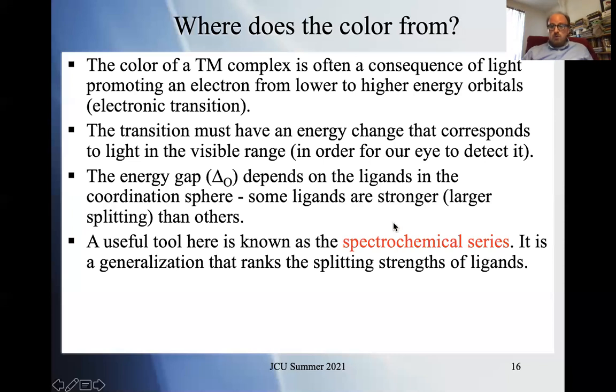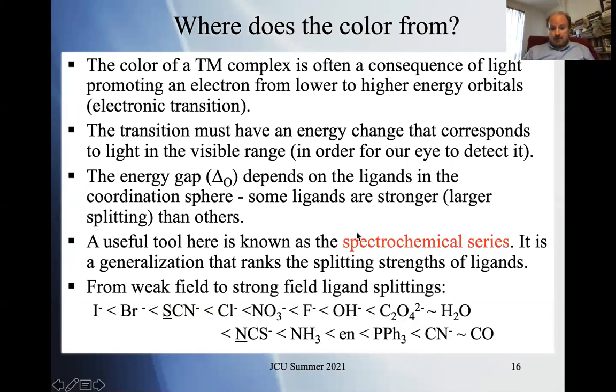So the tool that we use for that is something called the spectrochemical series. The spectrochemical series is similar to other tools that we've seen. It's a generalization that ranks the strength of a ligand. In this case, the strength of a ligand has to do with the ability to split the orbitals, meaning a weaker ligand splits less, a stronger ligand splits more.